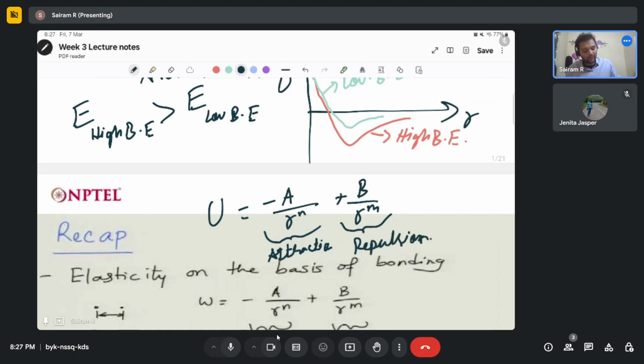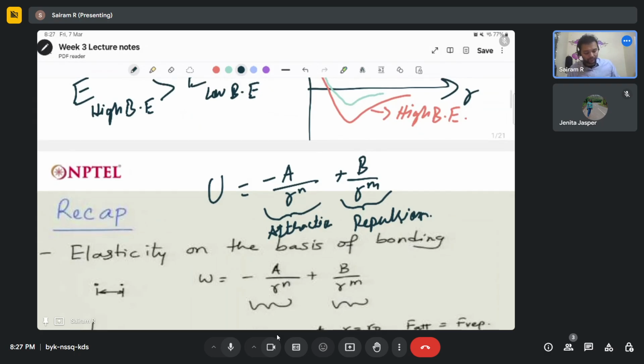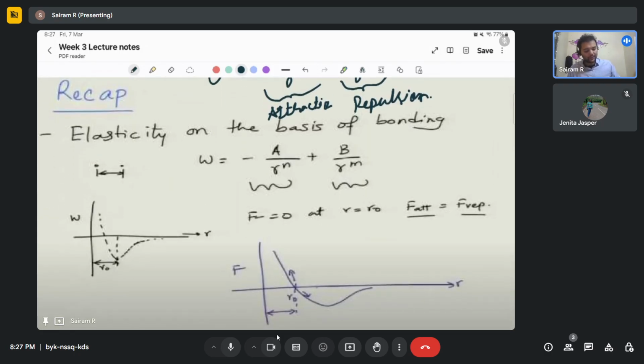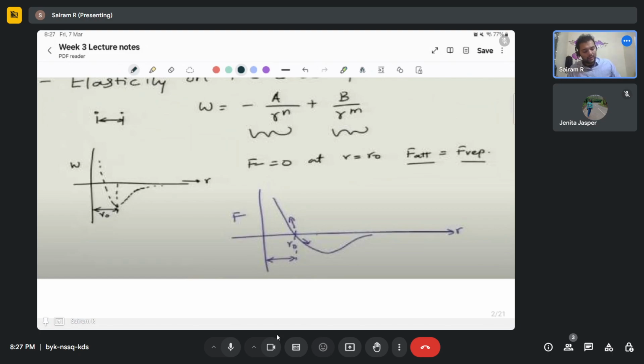We know very well why there is an attraction and repulsion between these two atoms.